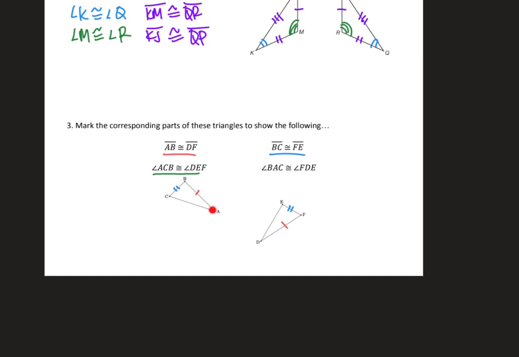So ACB is this angle right here. Is congruent to DEF. So DEF is this angle right here. And then lastly, I have angle BAC. So BAC is going to be this angle. It's congruent to FDE. So this angle right here.